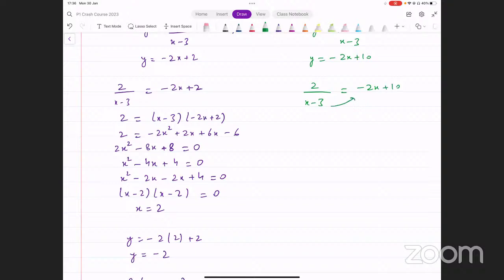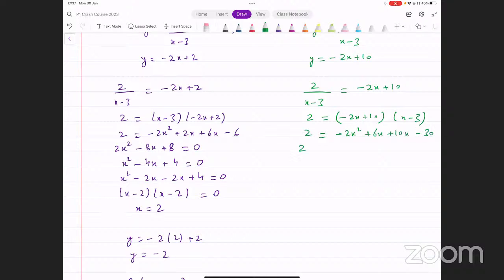Again, multiply this denominator on the other side. That gives 2 equals minus 2x plus 10 into x minus 3. Do this multiplication, minus 2x into x, that gives us minus 2x squared. Minus 2x times minus 3, that's plus 6x, then plus 10x, and minus 30 equals 2.